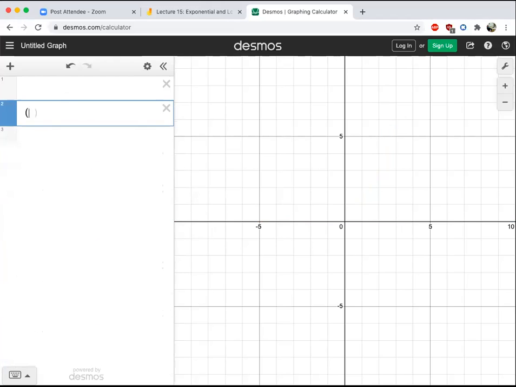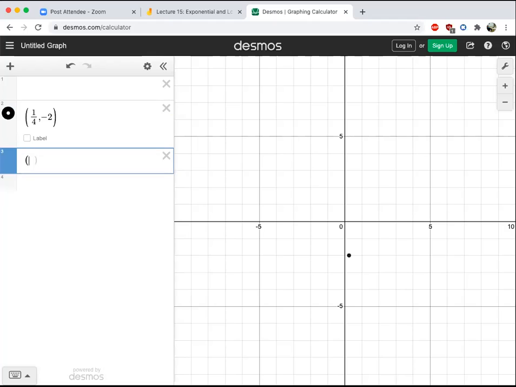So the first ordered pair that we found was 1/4, comma, -2. There we go. That's where that point is going to be. Then we had 1/2, -1.